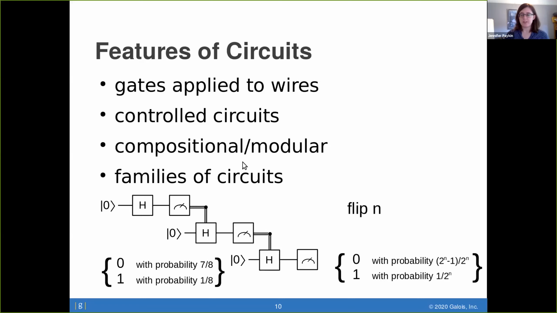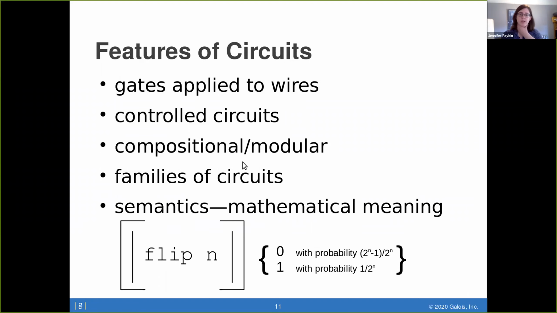So the last feature of quantum circuits that I want to bring up is the one that's, I think, most relevant to this question of quantum verification. And that is, quantum circuits have mathematical meaning. So what does this mean? I said that the behavior of this n-ary flip operation is going to give us 1 with probability 1/2 to the n, and 0 with the remaining probability.